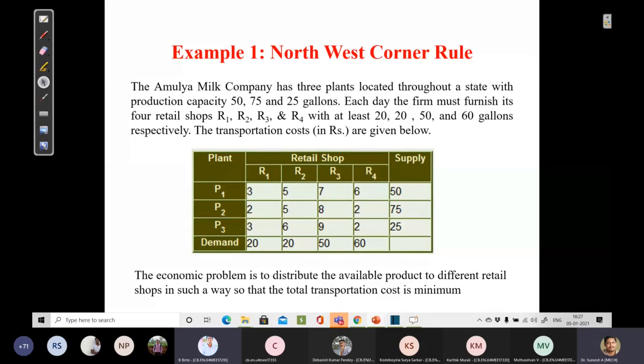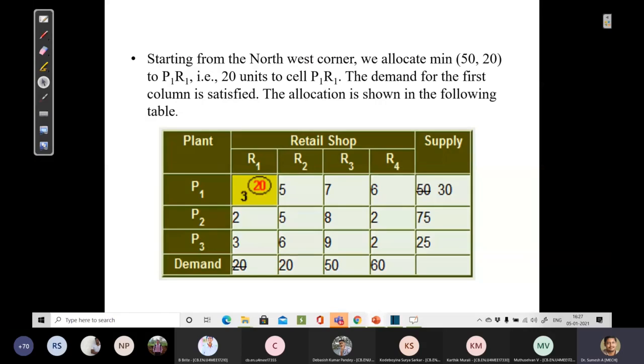So P1 R1, what value will be given? 20. Okay, so that is completely over. Now, which is the next northwest corner? P1 R2. Correct. P1 R2. So P1 R2, the rest 20 is given.